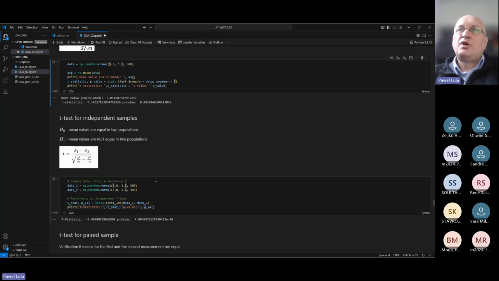But I think that the most popular version of this test is presented here. It is the t-test for independent samples. In this case, we have two populations. For example, all people living in Croatia and all people living in Greece. And we want to check if it is true that the average income in Croatia is equal to the average income in Greece.